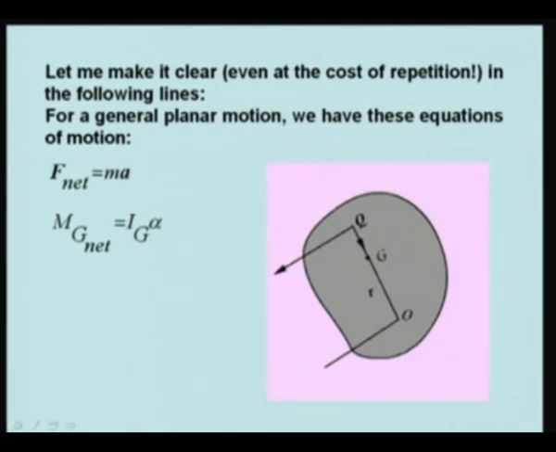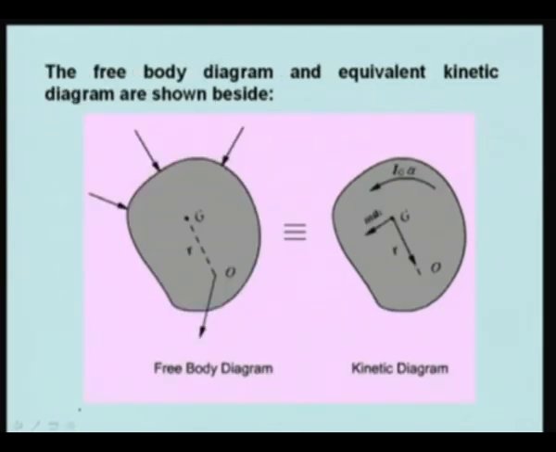Now let us see from another angle. For a general planar motion, we have these equations of motion, that is F net is equal to mass times acceleration, and M G net is equal to Ig times alpha. So these are basically three scalar equations. Now the free body diagram and the equivalent kinetic diagram are shown here.